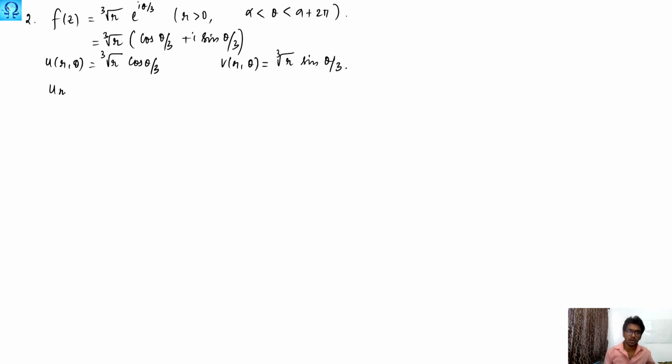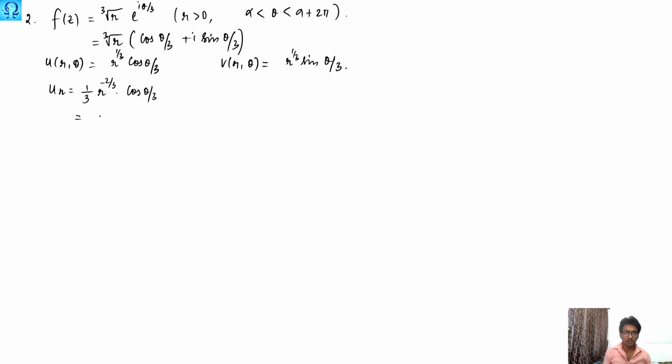So your u_r, remember you are going to differentiate with respect to r. So this may also be written as r to the power 1 upon 3, right? So let us write that way. That would be easier for us to calculate. So this becomes 1 upon 3 r to the power 1 upon 3 minus 1, which is minus 2 upon 3, and cosine theta upon 3 is there as it is.